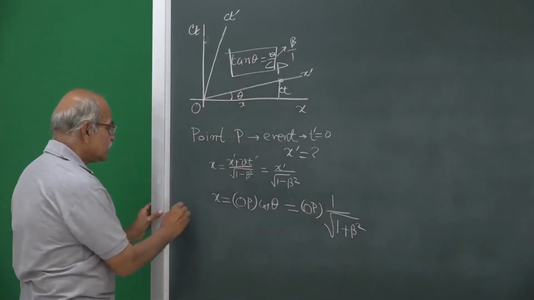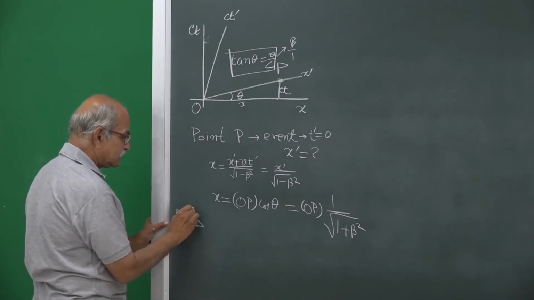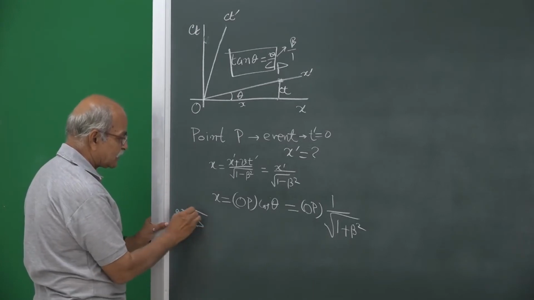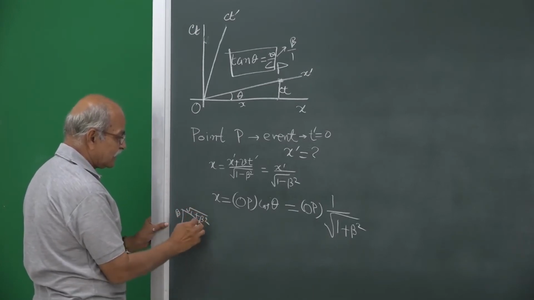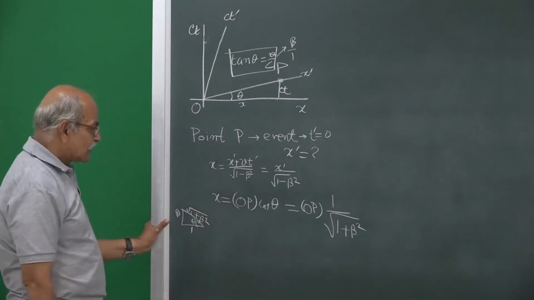Tan theta is beta. So, you can draw a right angle triangle here, this is beta, this is 1. So, tan theta is beta by 1 and therefore this hypotenuse is square root of 1 plus beta square, and cos theta is 1 divided by square root of 1 plus beta square. So, that is x.